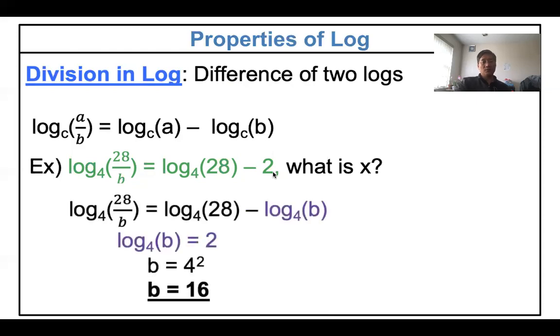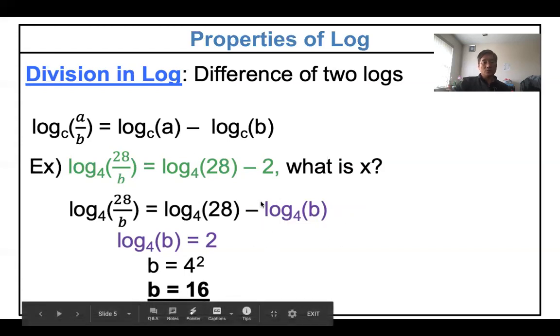Then how do you do it? Because you separate log 4 of 28 over b into log 4 of 28 minus log 4 of b, the division is a subtraction of two logs. So log 4 of b is equal to 2.